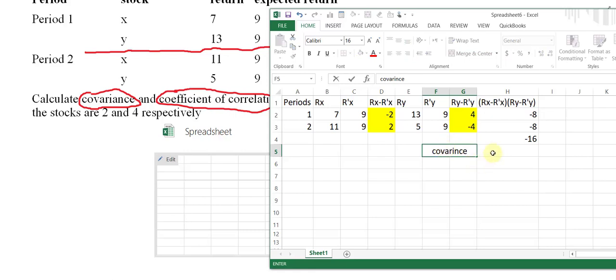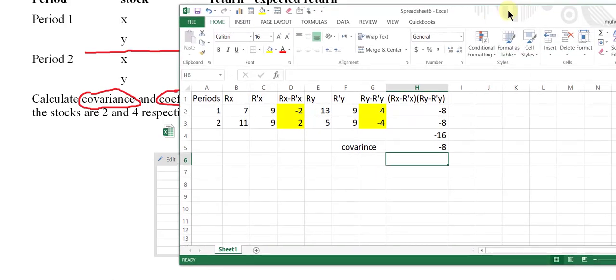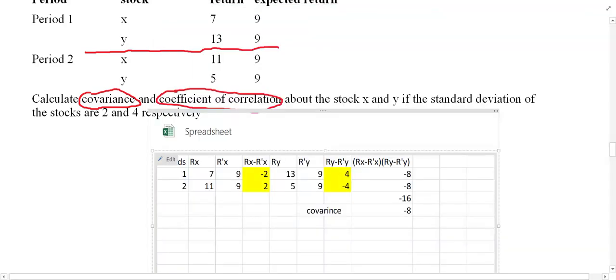Covariance is equal to the result of this one, divided by 2. Why should it be divided by 2? Because 2 is the number of periods, and this was for 2 years. So please save this and close this Excel file.